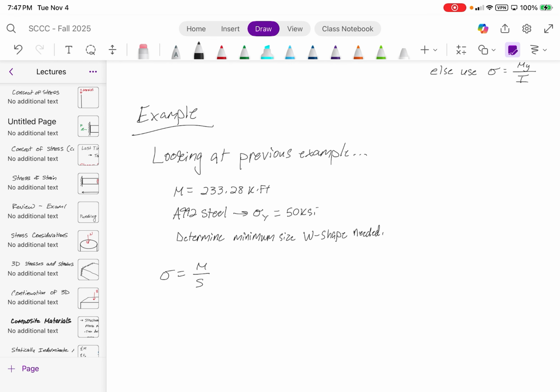What we know is the allowable stress. We know what the bending moment is, but we don't know the section modulus. So that's what we're trying to solve. So we can rewrite our equation to be M over sigma. And then we just plug it in. 233.28 kip feet times 12 inches per foot, because we want our units to be consistent, divided by 50 kips per square inch.